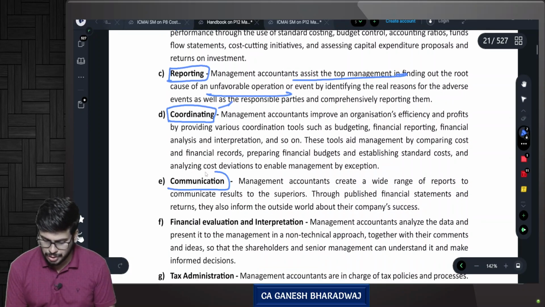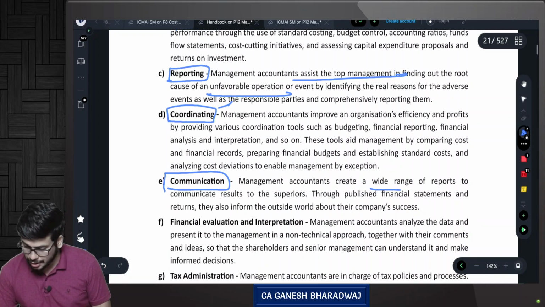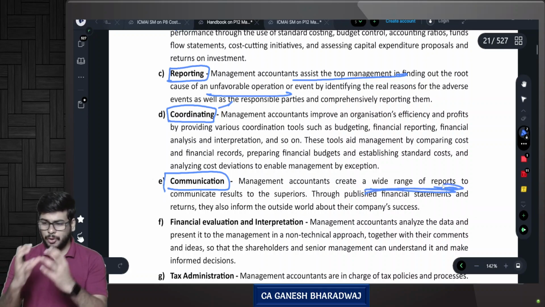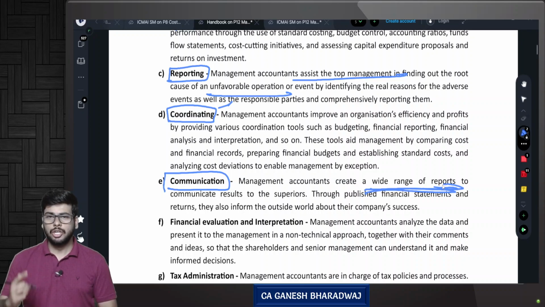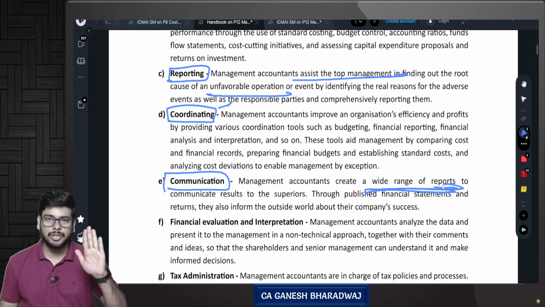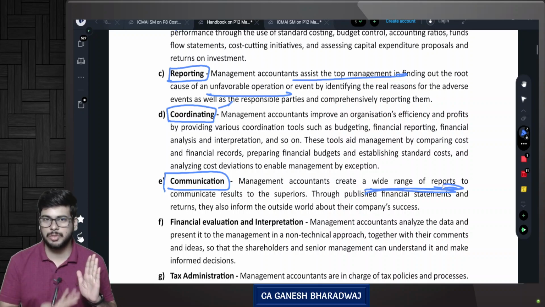Then of course communication. So look at this, a wide range of reports need to be prepared. Every decision that you take needs to be backed up with a report, because today you take a decision, and after 2 years your managing director comes and asks you, 2 years back I took one decision based on your advice only, that I remember, but why did I take this decision? Why did you advise me like that? Of course, you can show him the report and clearly tell him, look, sir, this was based on this report.